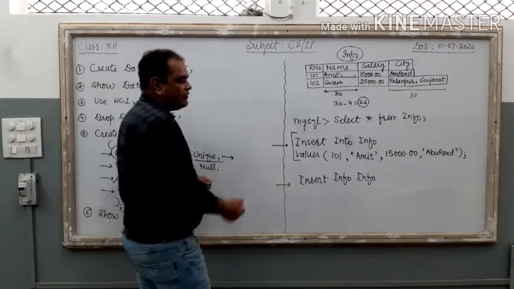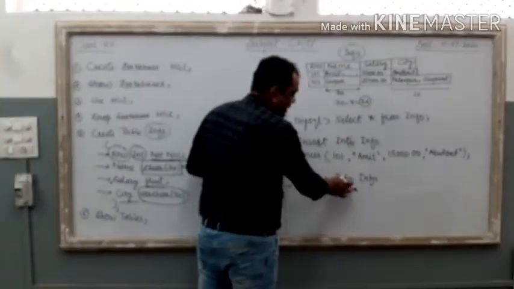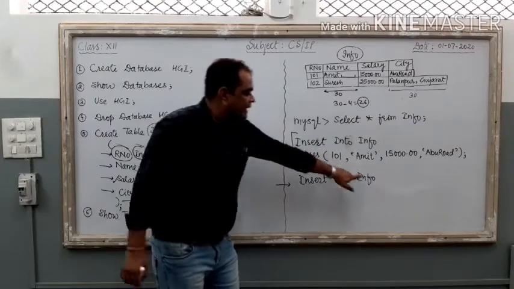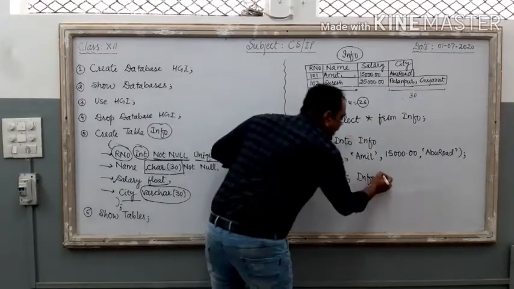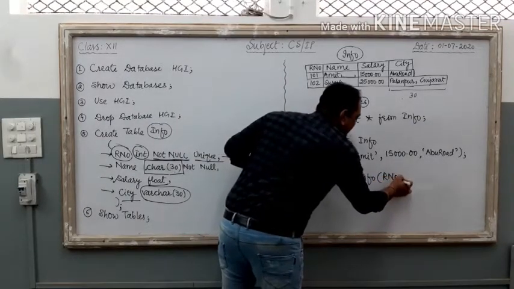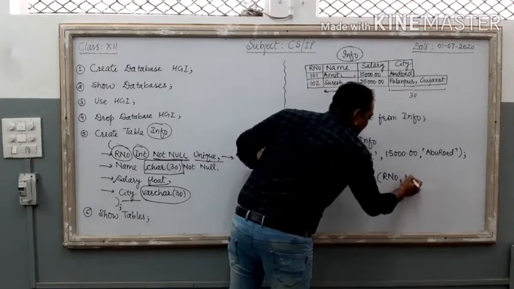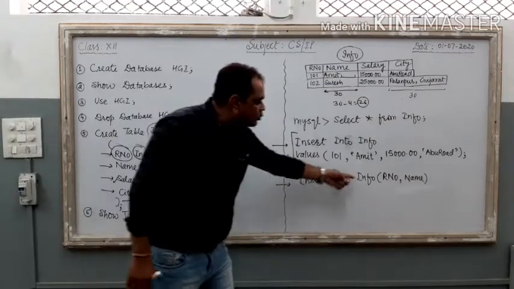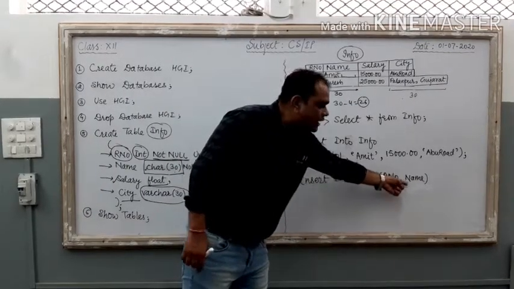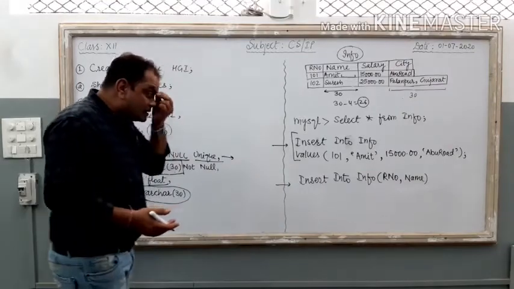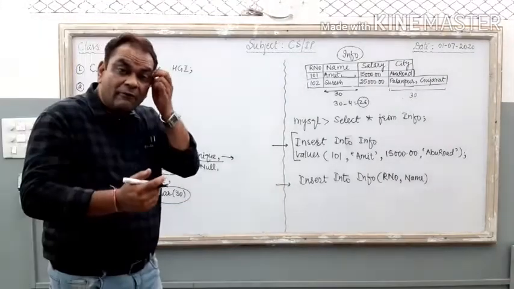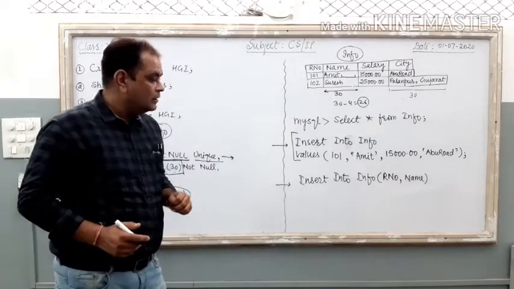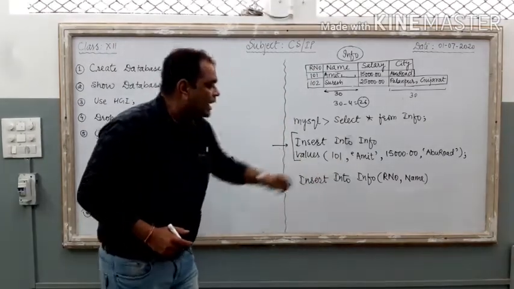So for that the second format is insert into info, then here I have to write the column names for which I want to enter values. Insert into info, bracket RNO, name. By this command, the computer understands that the user is going to give values to these two columns only. Clear? So insert into info RNO name.